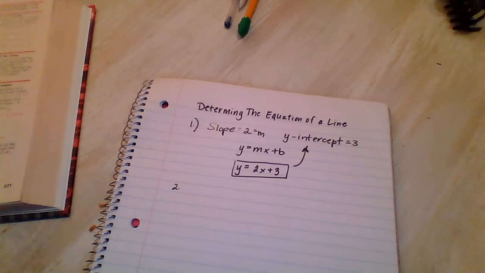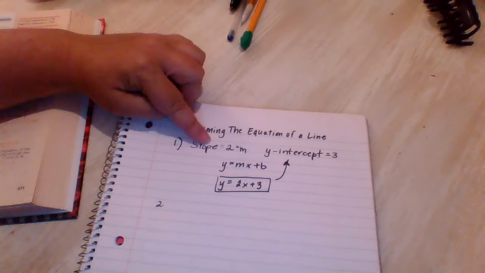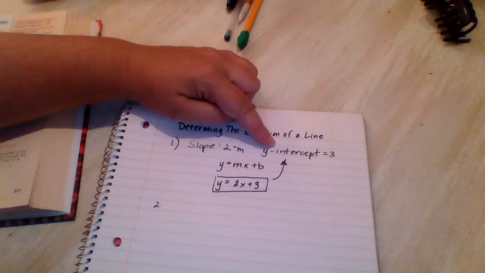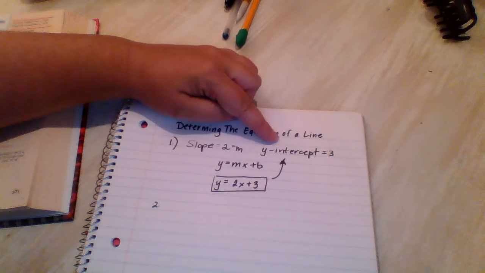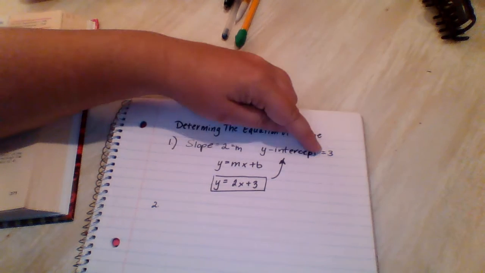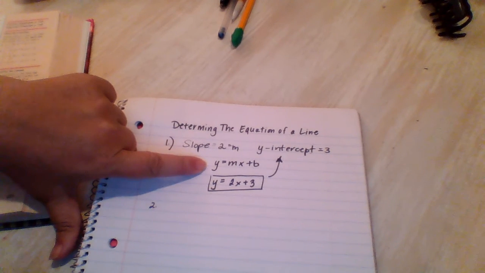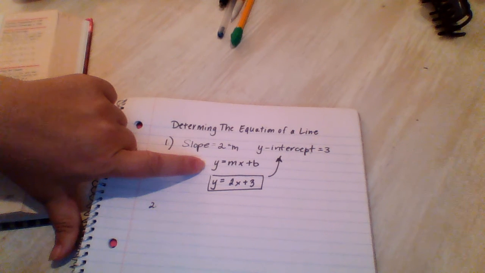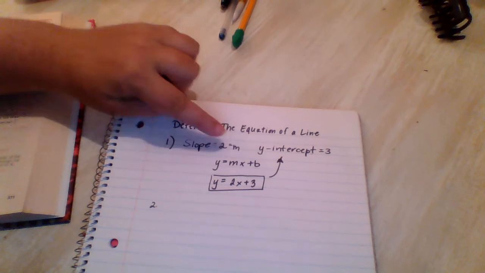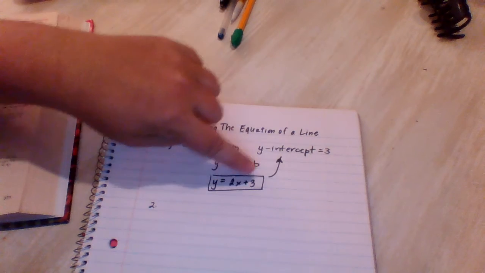The first example is determining the equation of a line if you are given a slope and a y-intercept. So let's say our slope is 2 and our y-intercept is 3. We know from the slope-intercept form of a line, y = mx + b, that all we would have to do is plug in our slope of 2 and then our y-intercept of 3.